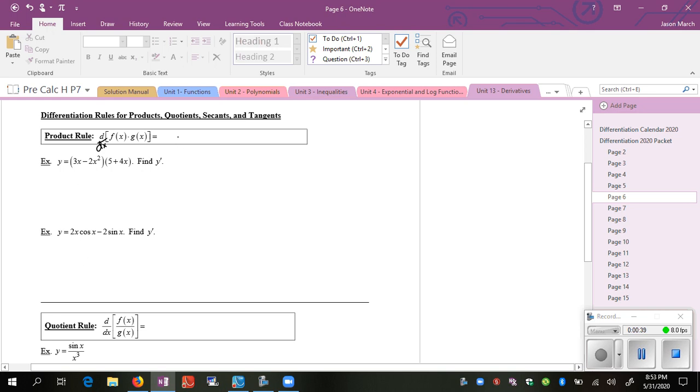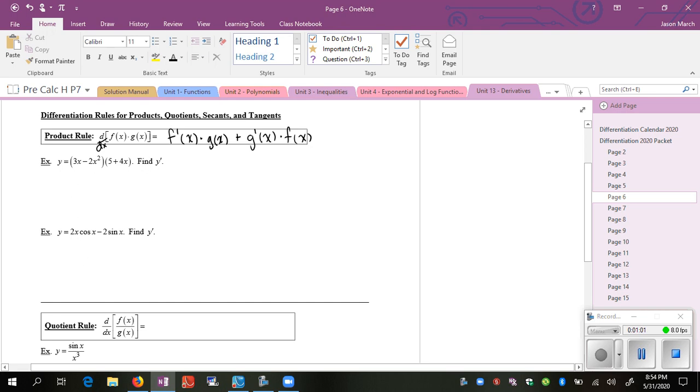It's actually going to be equivalent to f prime of x times g of x, so the derivative of the first times the second, plus g prime of x times f of x.